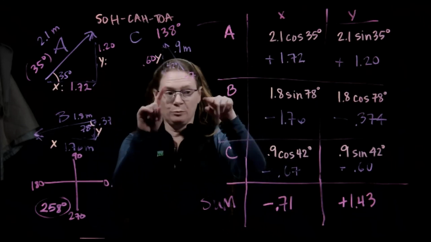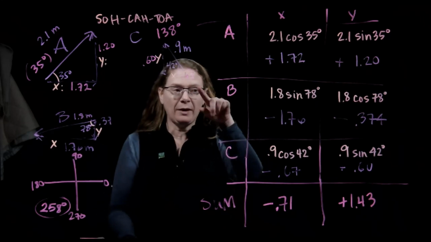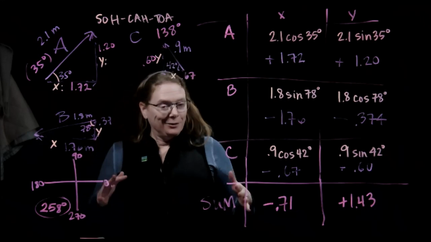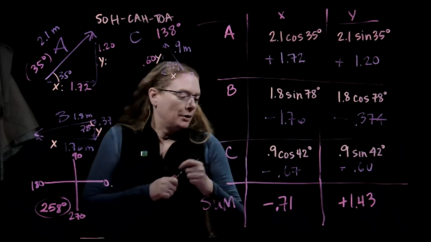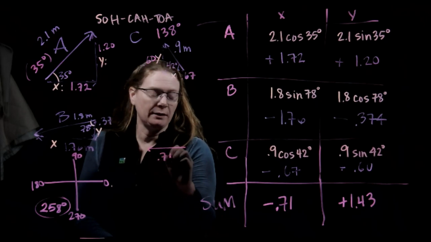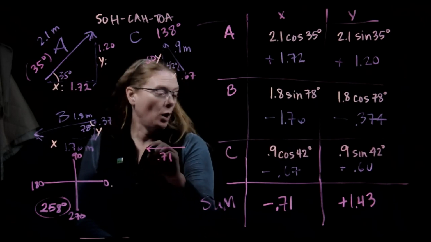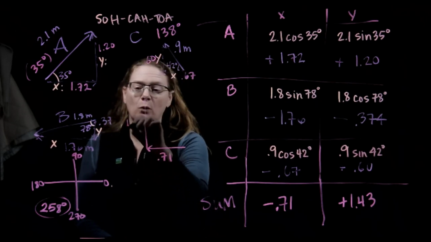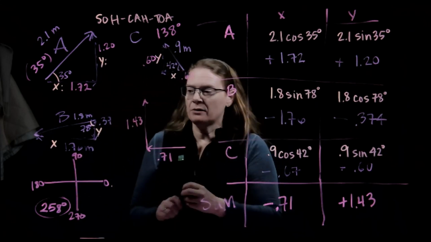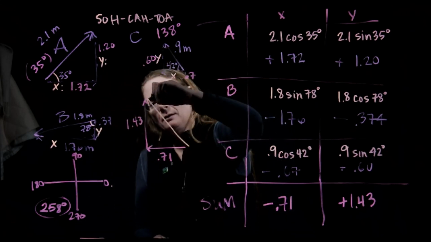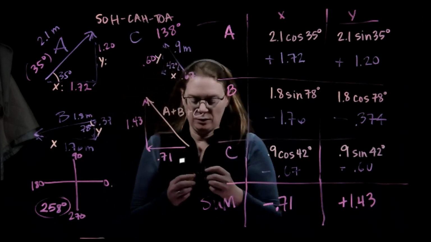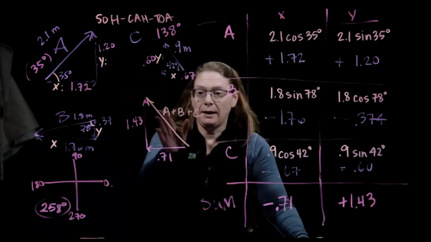And if you rewind to the graphical method, that was left and up for the final vector. So good, makes sense. Okay, so I'm going to walk 0.71 to the left. And then I'm going to walk 1.43 up. My final vector is going to be this. So A plus B plus C is going to be up and to the left.